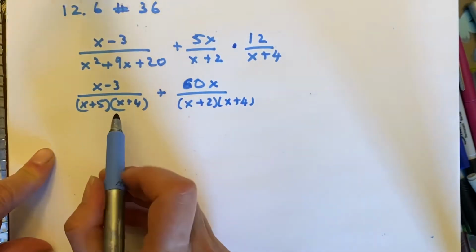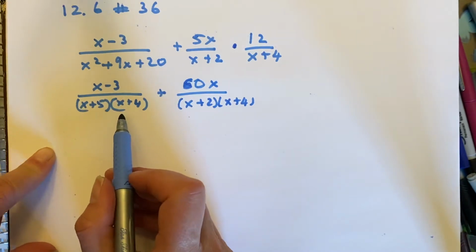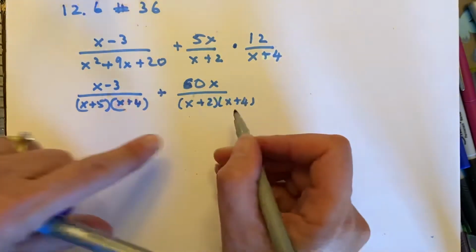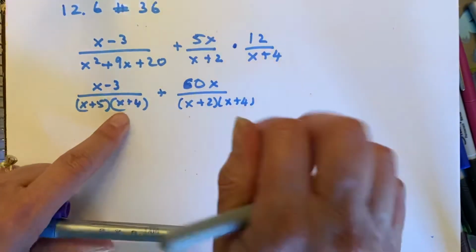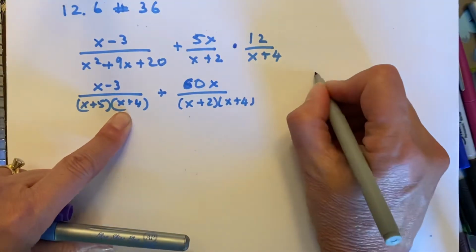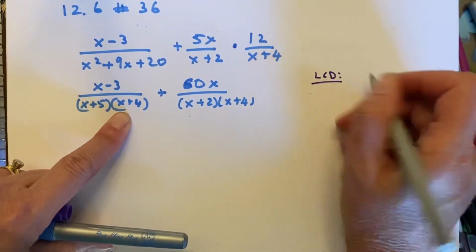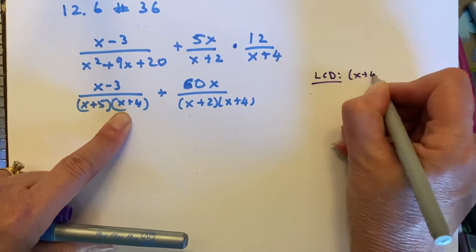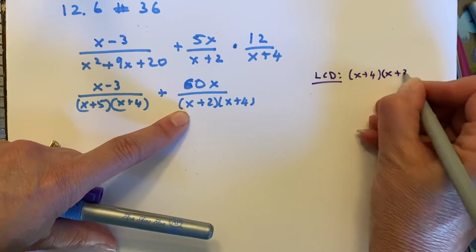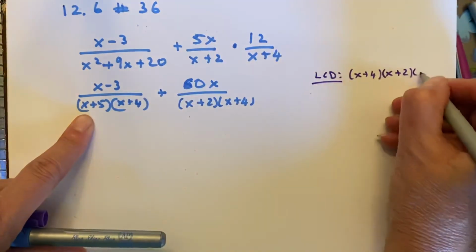All right, so now I have to determine what my least common denominator is. And here I have an x plus 5, x plus 4. Here I have an x plus 2, x plus 4. So they have the x plus 4 in common. So that has to be one of them. But I also have to make sure I add what they don't have in common, which is the x plus 2 and then the x plus 5.